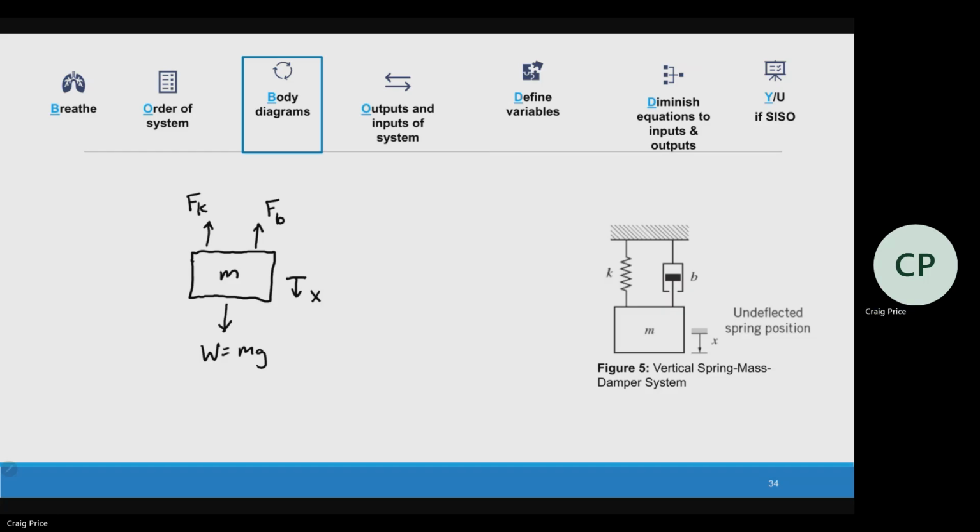Look at the positive displacement. So yes, it is in this case reacting to the weight, so it's going to try to pull back hard. However, forces can sometimes be confusing, so make sure you're looking at positive displacement. If this is moving positively, the spring is going to be in tension. It's going to try to pull back. If it's moving positive, friction is going to try to pull back. So I would always look at this for our direction of forces.